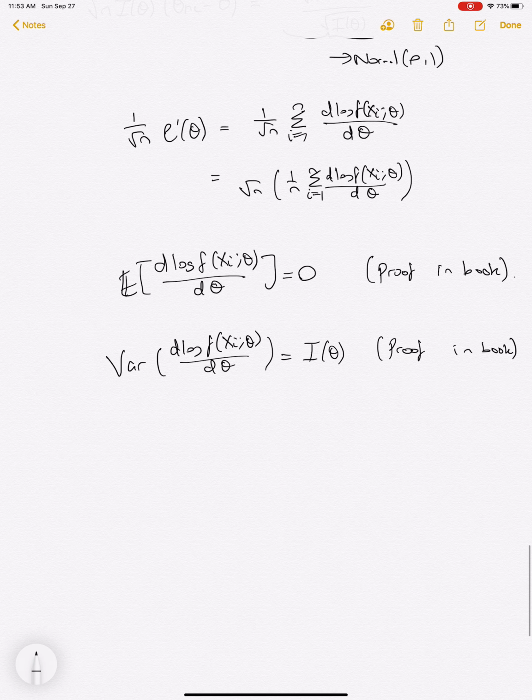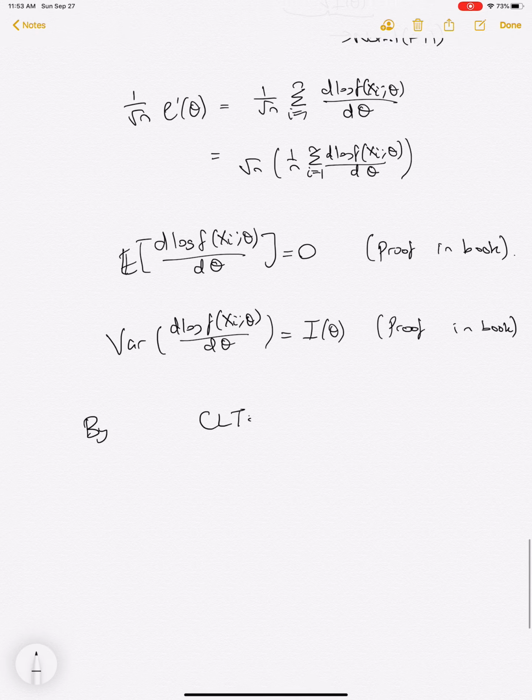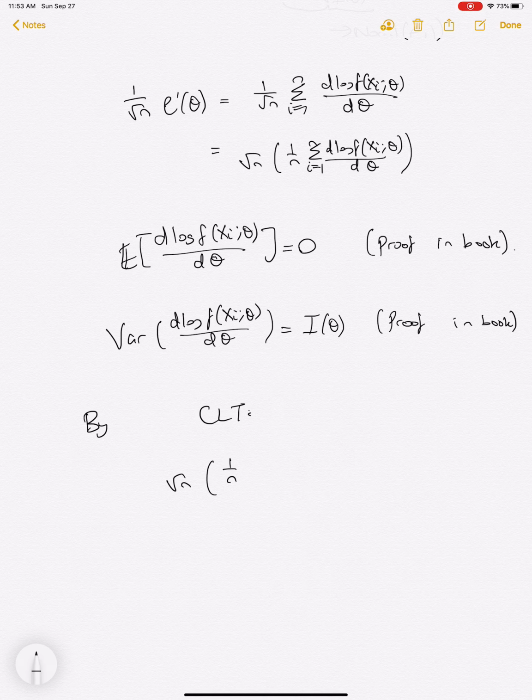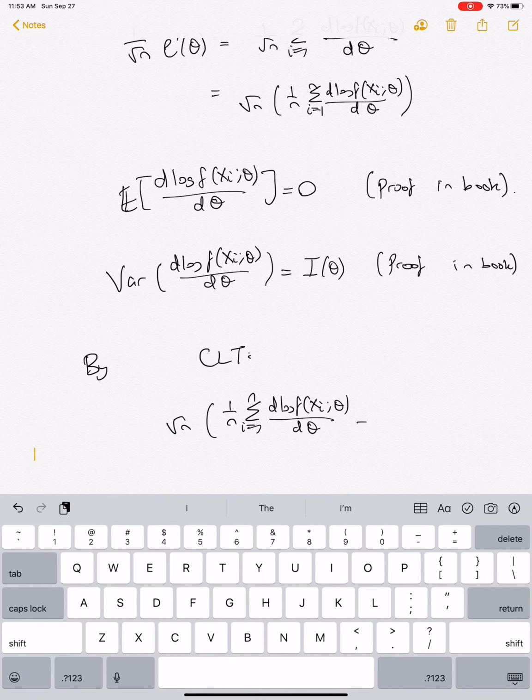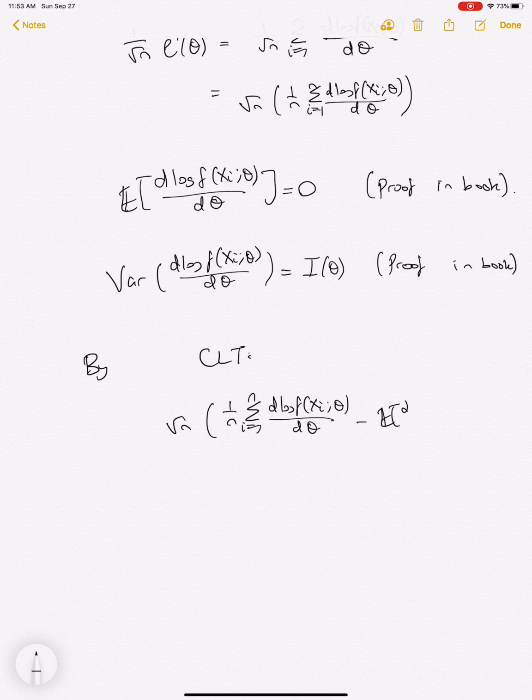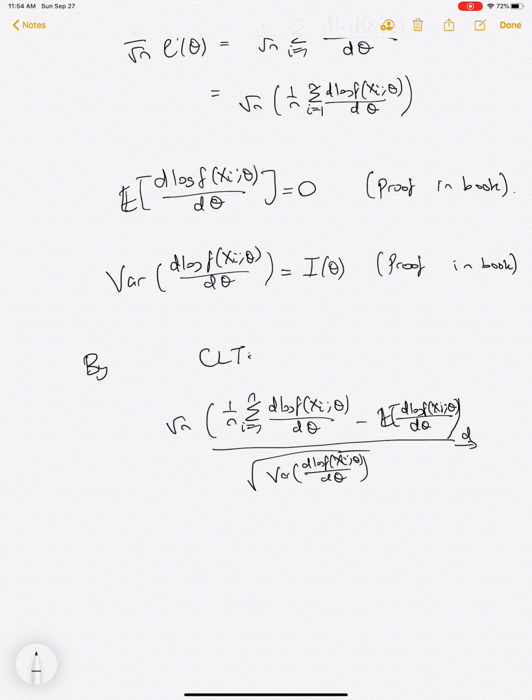So what that means is that by the CLT, square root of n times 1 over n of the sum, minus the expectation, over the square root of the variance, that thing is going to converge to a normal 0, 1.